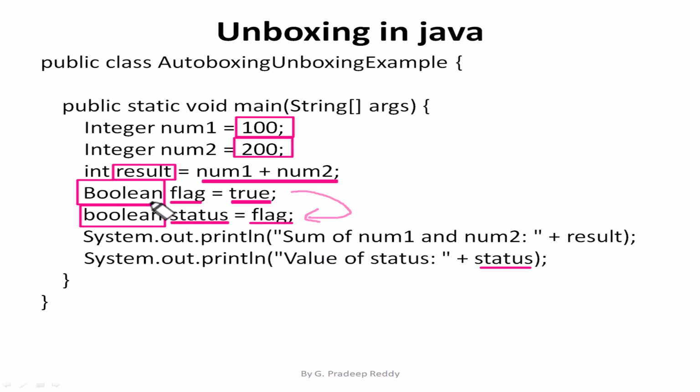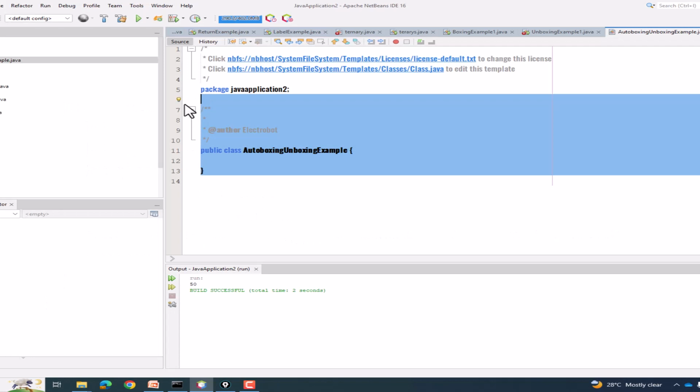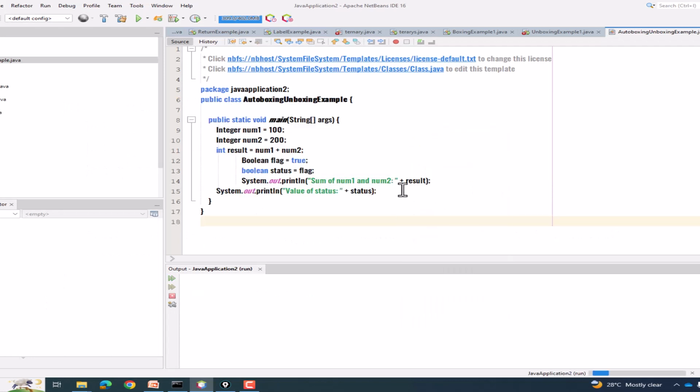Boolean flag contains true, and Boolean is a wrapper class. Since flag is true, it is going to print the result, which is the sum of the two numbers, 100 and 200, giving 300, and the status. Let us compile the program. It results in: sum of two numbers is 300 and the status is true.